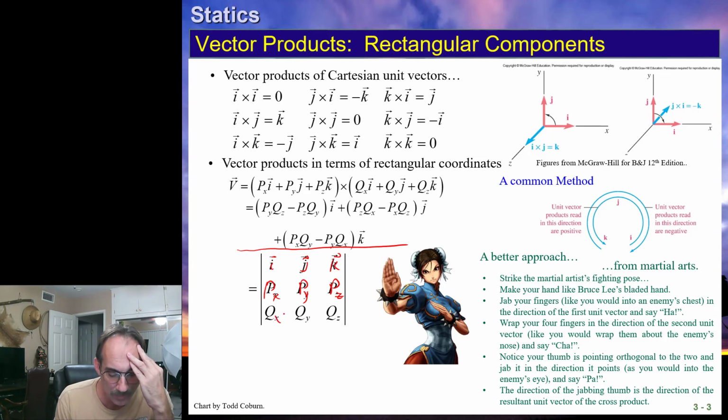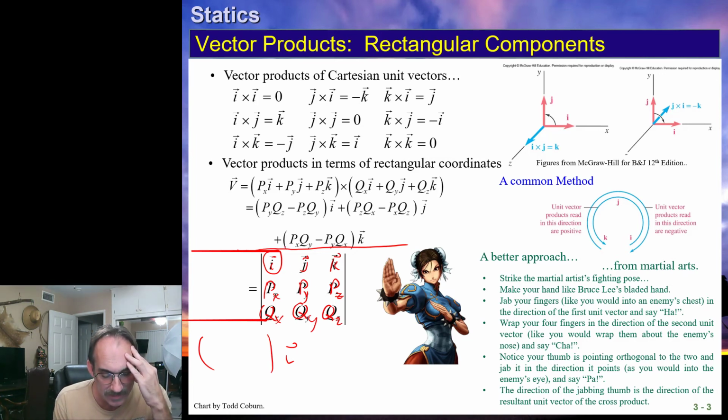Below that we put the x, y, and z components of the second vector, and we follow this rule. We take this i, and since it's in this column and row, we multiply it by everything else. We multiply this way minus this way. So that means PyQz minus QyPz.